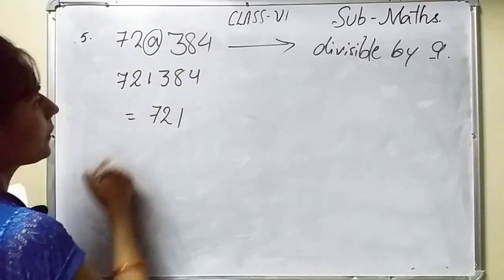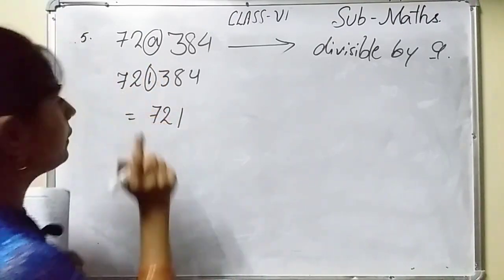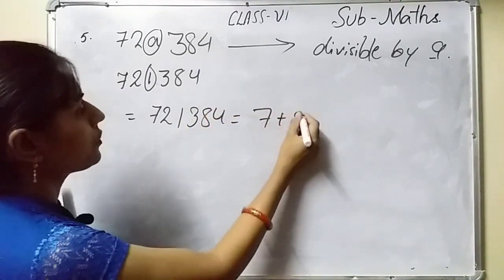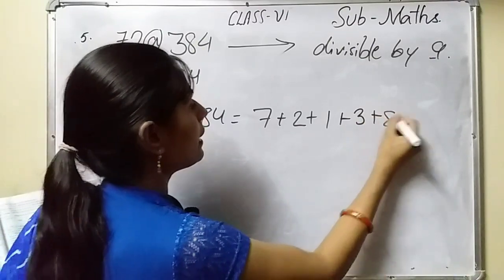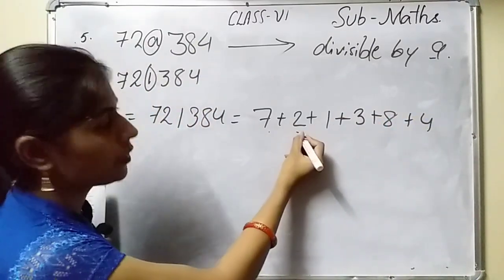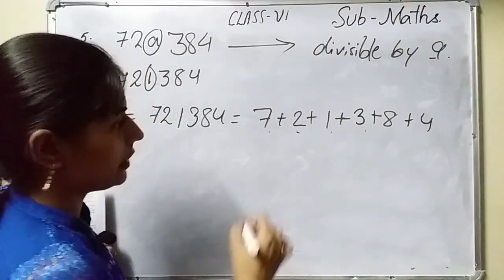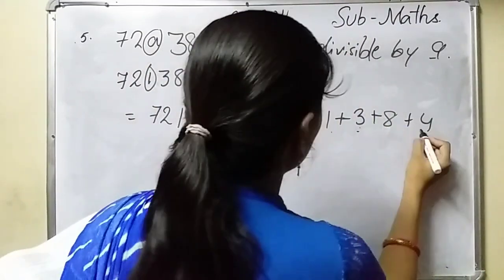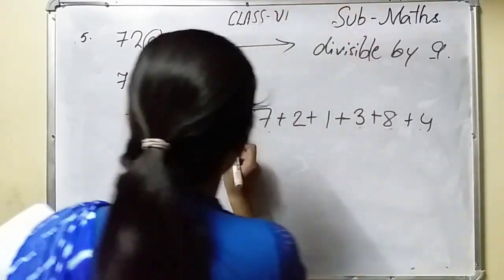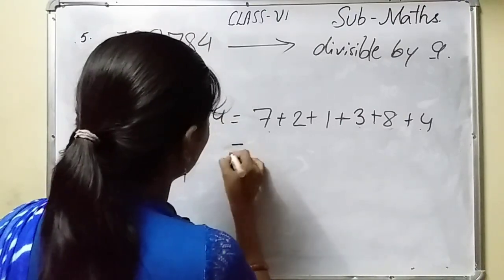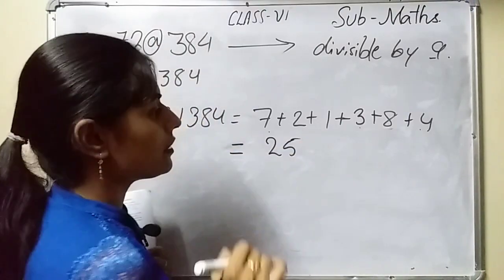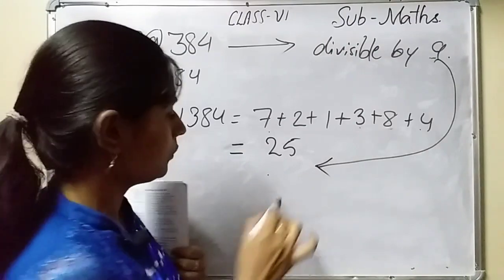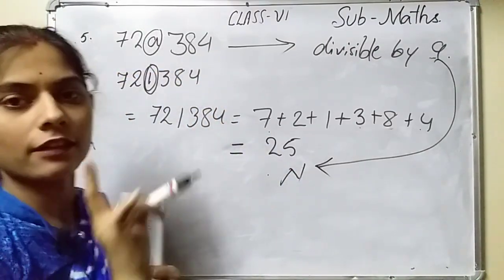It is just your trial to put 1 and check whether it is divisible or not. 7 plus 2 is 9, 9 plus 1 is 10, 10 plus 3 is 13, 13 plus 8 is 21, 21 plus 4 is 25. Is 25 divisible by 9? No, 25 is not divisible by 9. So here 1 will not be the answer.